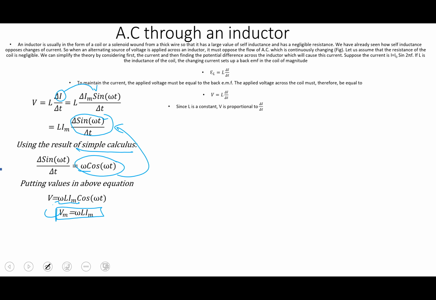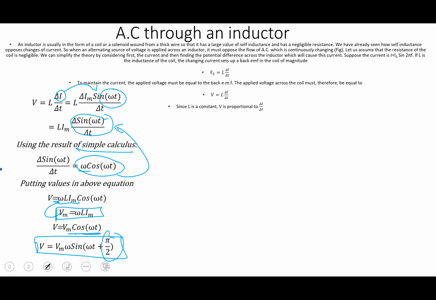And if we put the value of Vm in this equation, we get V equals Vm cos omega t, and using the identity for sine of alpha plus beta, we get V equals Vm sine of omega t plus pi by 2. So in this case, which is quite opposite to that of the capacitor, the voltage is leading as compared to the current.